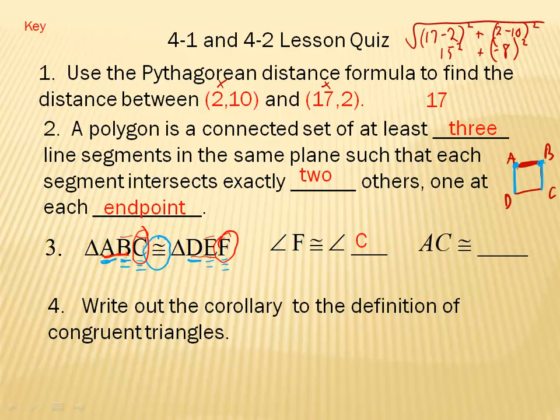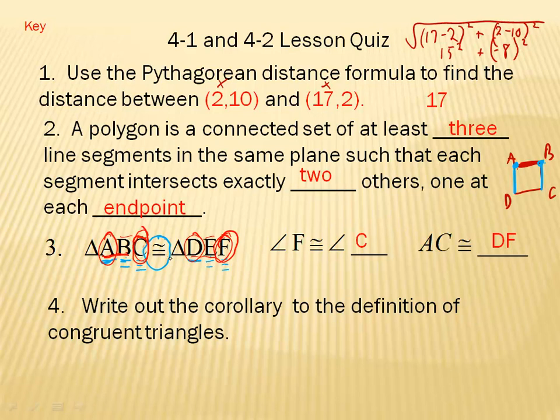And AC is congruent to, alright, where's AC? It's the first and third vertex of triangle ABC, so that would correspond to DF, because that's the first and third of the second triangle.